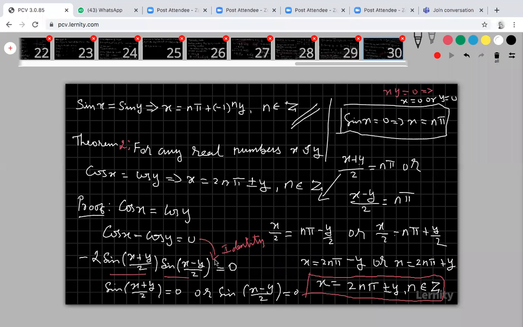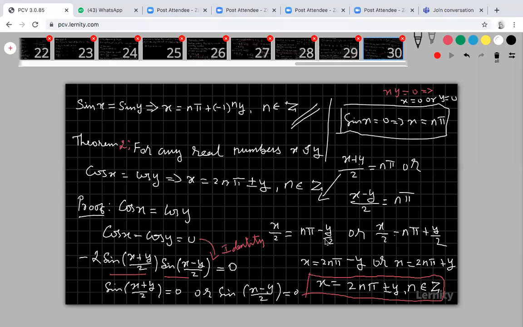If sin x is equal to 0, then x is equal to n pi. Here this is my x: x plus y by 2 is equal to n pi. Here this is my x: x minus y by 2 is equal to n pi. From this, x plus y by 2 is equal to n pi, so I am deriving that x by 2 is equal to n pi minus y by 2. I am bringing this plus y by 2 to the right hand side. Similarly, this minus y by 2 to the right hand side.